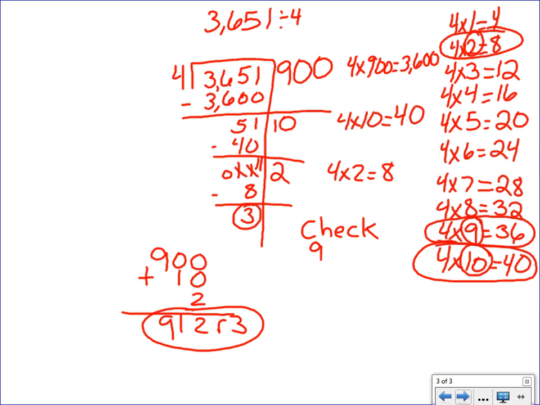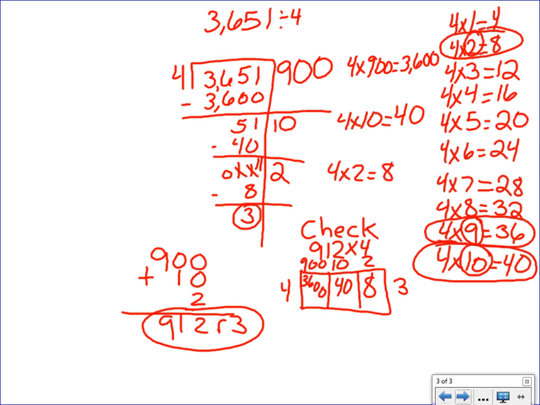I'm going to do 912 times 4. Check it with the box method here. And if your child knows their multiplication facts, this will go quite quickly for them.